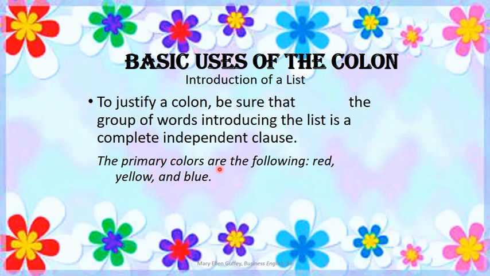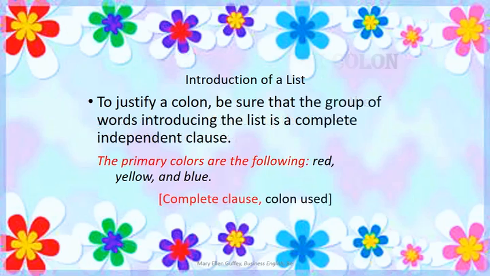The primary colors are the following: red, yellow, and blue. Now see this. The primary colors are the following is a complete clause. That's why we can use a colon after this.